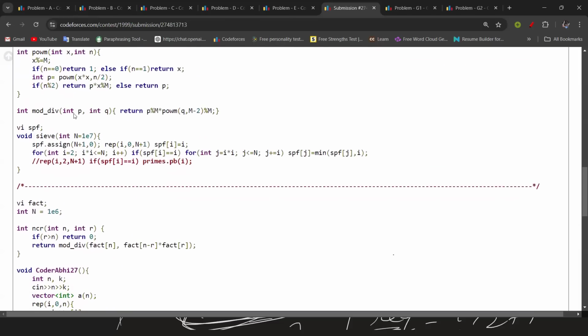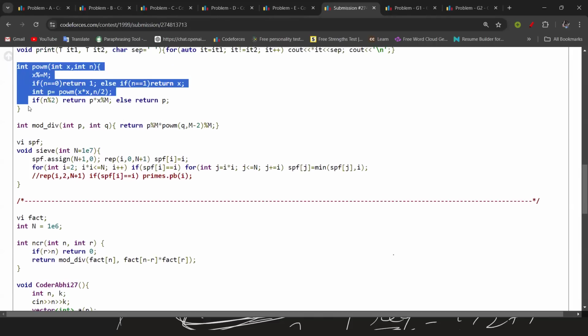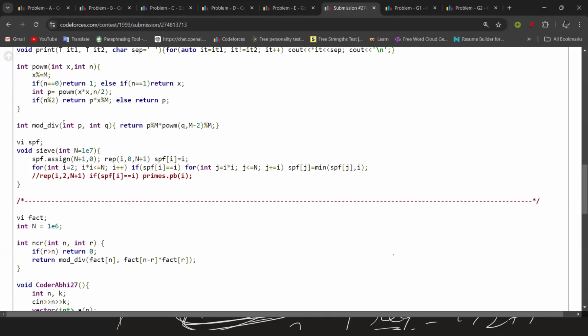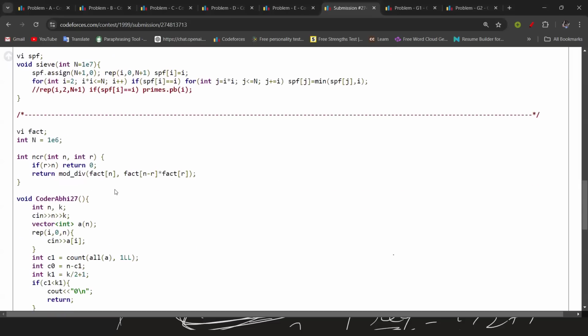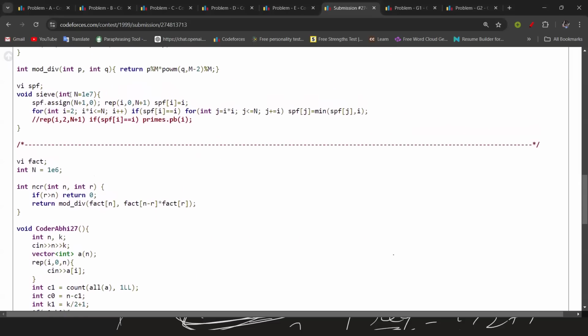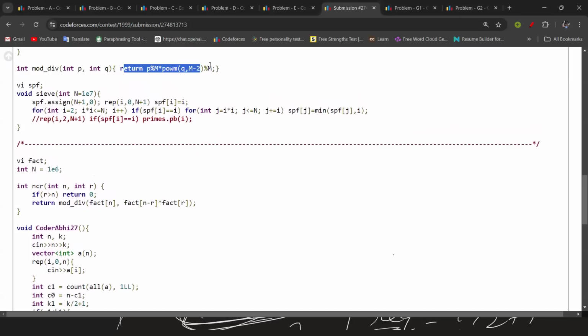What it is doing is calculating p by q mod m, so p multiplied by the modulo inverse of q. The modulo inverse of q is q to the power m minus 2. Here power is the binary exponentiation. If you have studied number theory, that is not a big deal. So this function returns me p by q mod m.